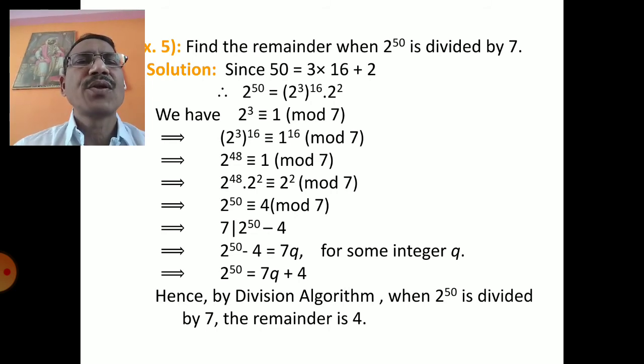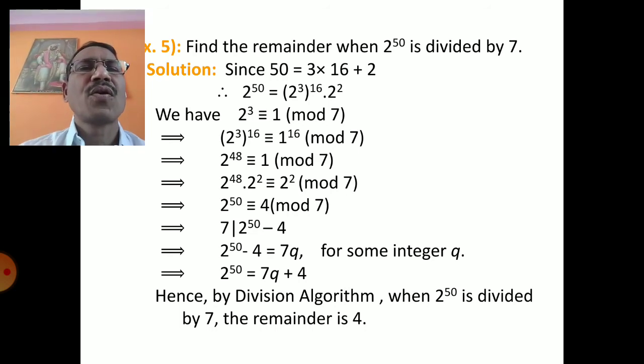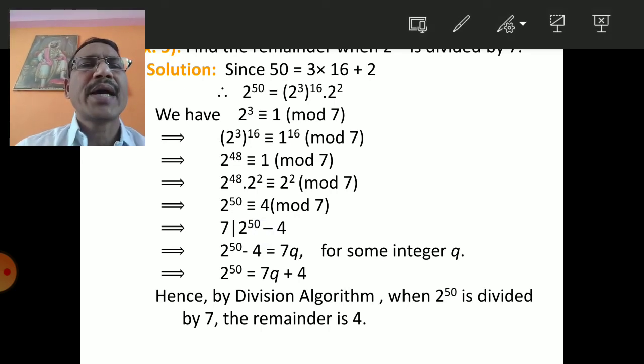Now apply the definition of congruence here. 2 raised to 50 is congruent to 4 mod 7 can be written as 7 divides 2 raised to 50 minus 4.